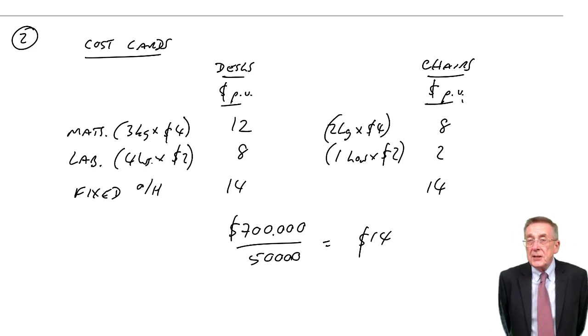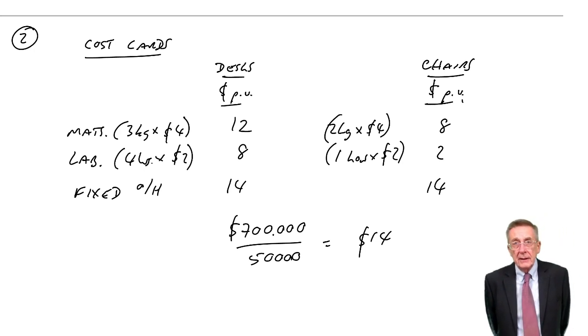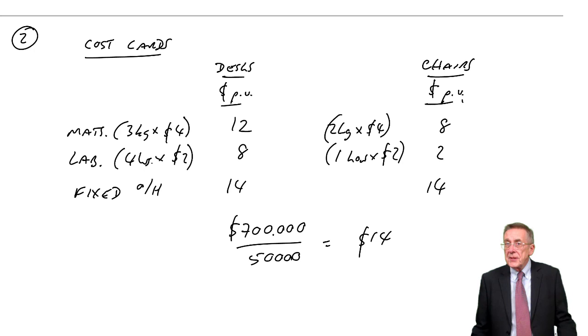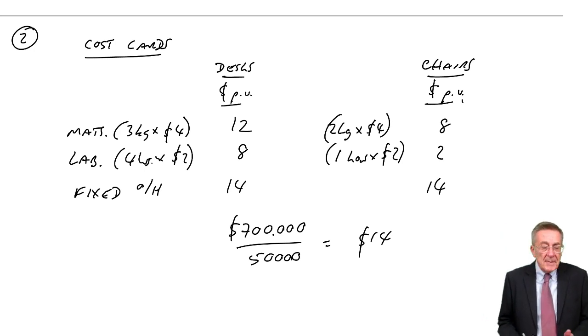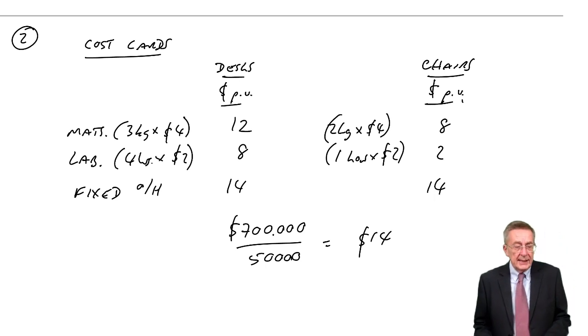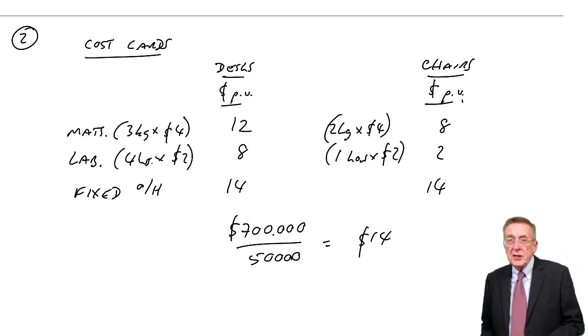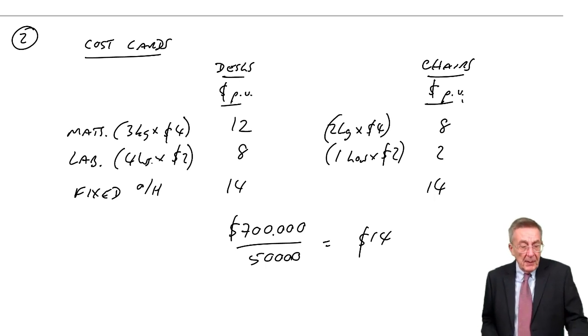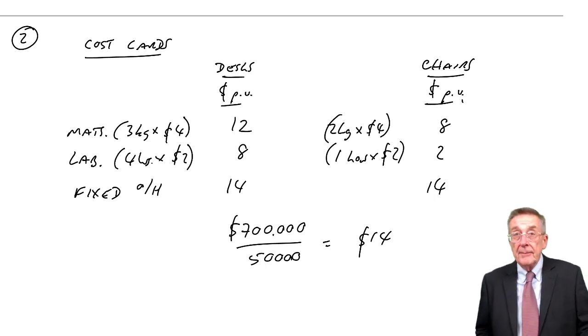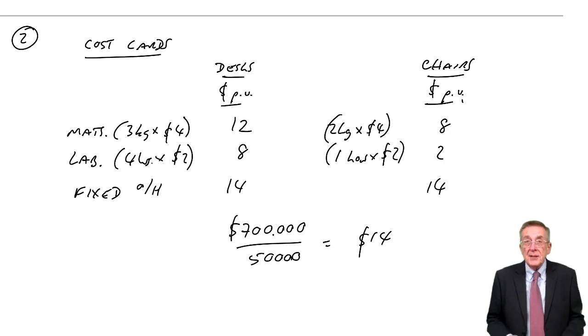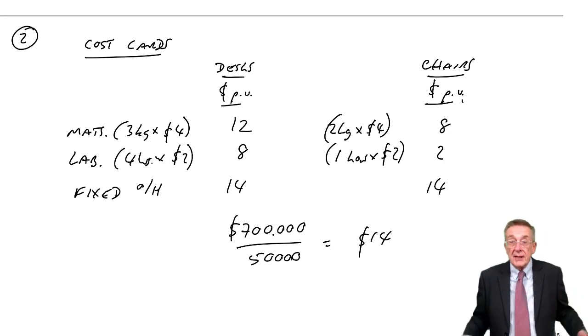Each chair only spends 1 hour in the factory. So as I do say, there are no rules. It would seem unfair to charge them both with 14. Surely we should charge a desk with much more than we charge a chair. If it spends 4 times as long in the factory, perhaps we should give it 4 times as much of the rent or whatever these fixed costs are.